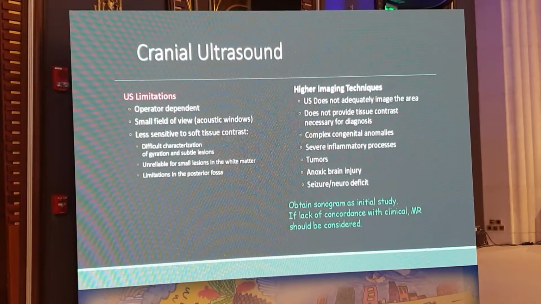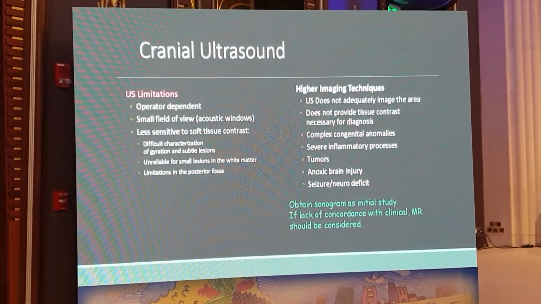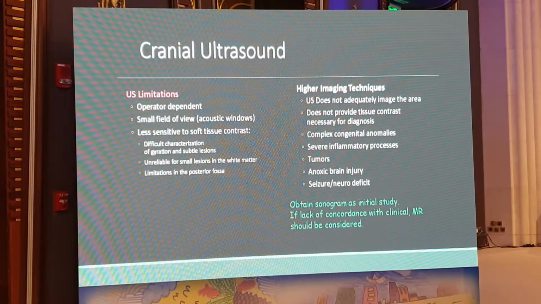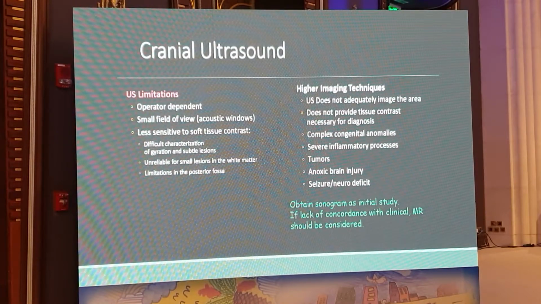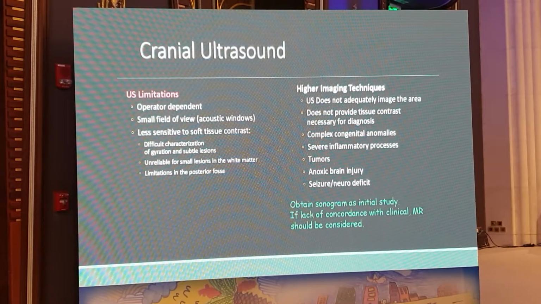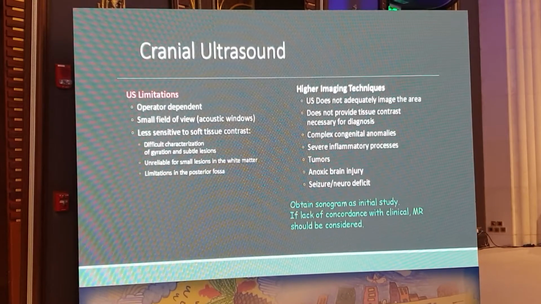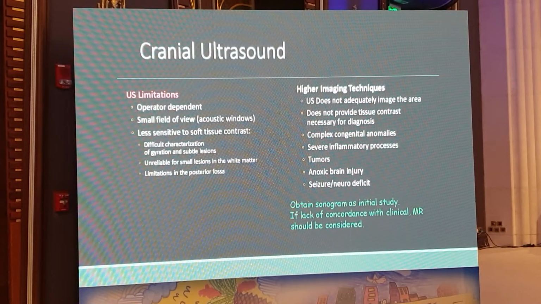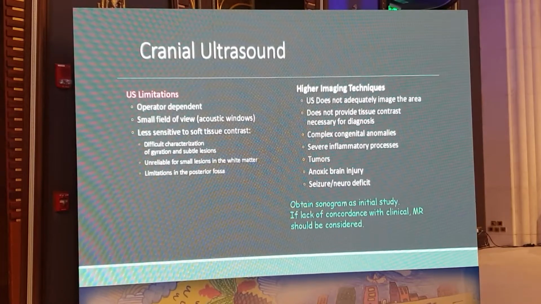The problem with ultrasound is that it's operator dependent. Whoever is doing the ultrasound needs to know how to do it and how to interpret the imaging. Sometimes it has a small field of view, which is the acoustic window, especially in the term newborn. It's less sensitive in detecting the contrast of soft tissues in comparison to MRI, for example.